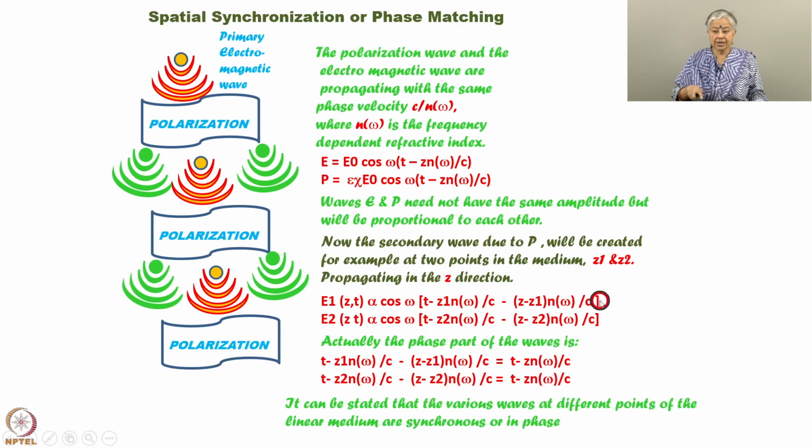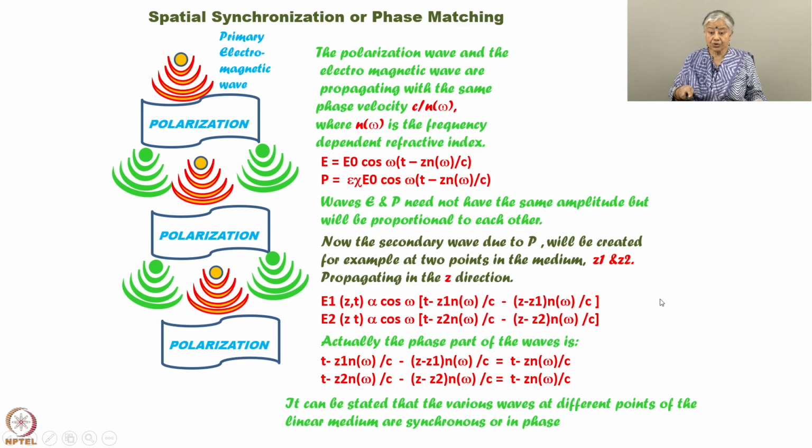Okay. So, now I have assumed Z1 and Z2 as 2 different points. At Z1, the E field will be proportional to cos of omega t minus Z1 n by c. It will be influenced by that point Z1, but the wave will also be influenced by the distance it is going to travel.